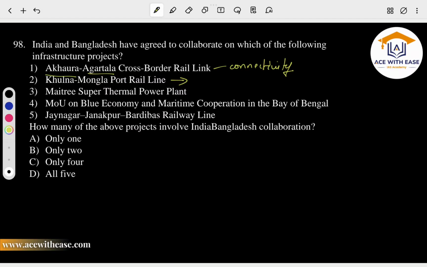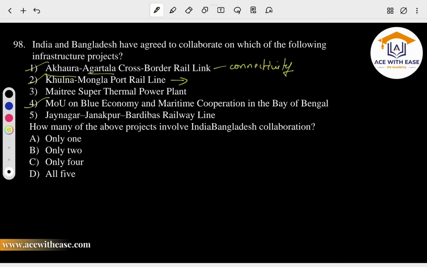Third, we have Maitree Super Thermal Power. This is not between India and Bangladesh; it is a joint venture where we are collaborating with a different country. Then we have the MOU on Blue Economy and Maritime Cooperation in the Bay of Bengal. Yes, this one is between India and Bangladesh, as we are trying to increase maritime cooperation, infrastructural projects, and so on.